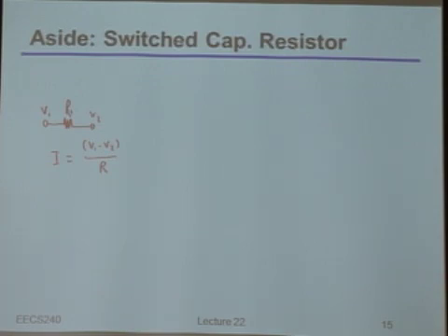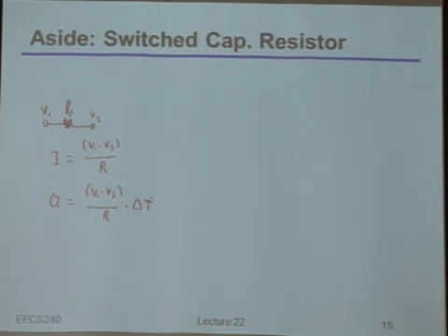What I'm going to do is build a circuit that, rather than flowing this current continuously in time, moves that current in packets of charge. If I'm going to move it in packets of charge, then the charge I get in some unit time is just that current, (V1 minus V2) over R, times some delta t.